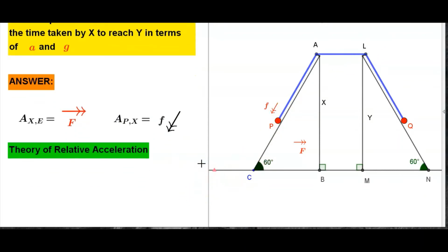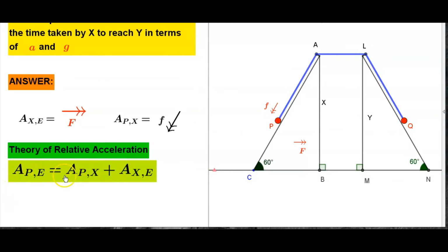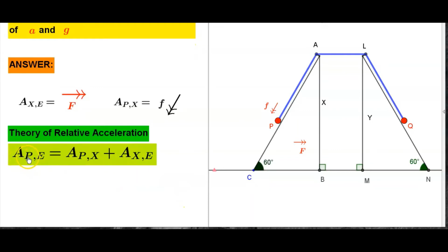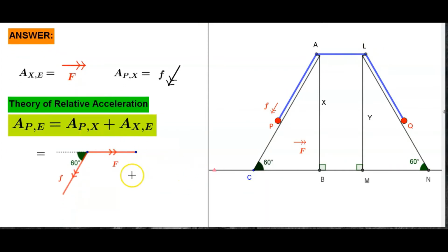By the theory of relative acceleration, a_PE equals a_PX plus a_XE. The acceleration of P relative to Earth equals the acceleration of P relative to X plus the acceleration of X relative to Earth. a_PX is f in this direction, at 60 degrees with the horizontal, plus a_XE, capital F in the horizontal direction.